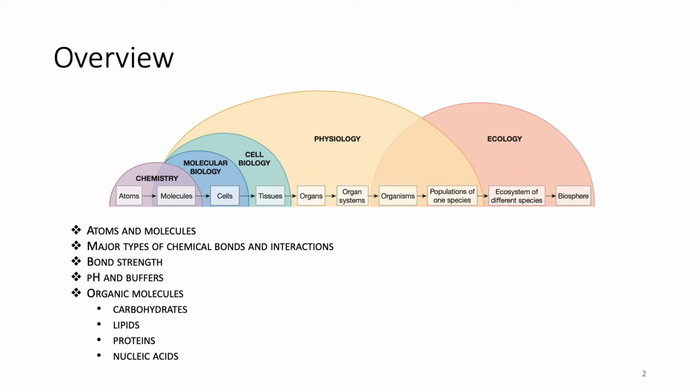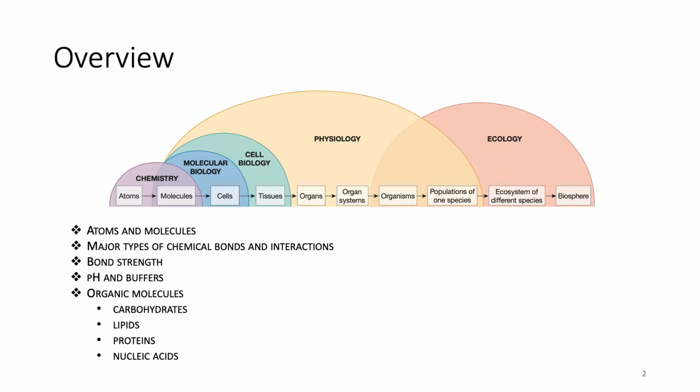Remember that atoms and molecules make up cells, tissues, organs, organ systems, and organisms, all of which are the subjects of physiology. Therefore, learning physiology requires some familiarity with the basic concepts and terminology of chemistry.